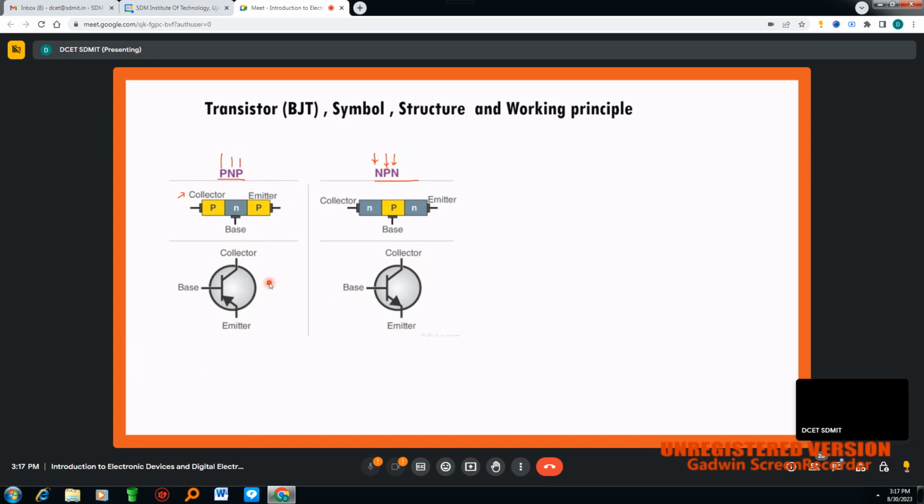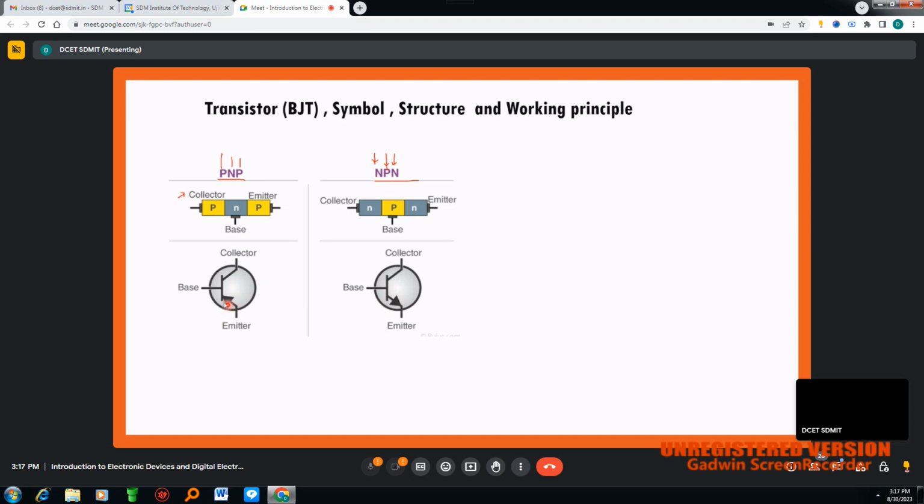Now what is the difference in the representation of the PNP and NPN transistor? In the PNP transistor, the arrow is upward. This type of symbolic representation we call a PNP. The downward representation of the arrow, this one we call an NPN transistor.